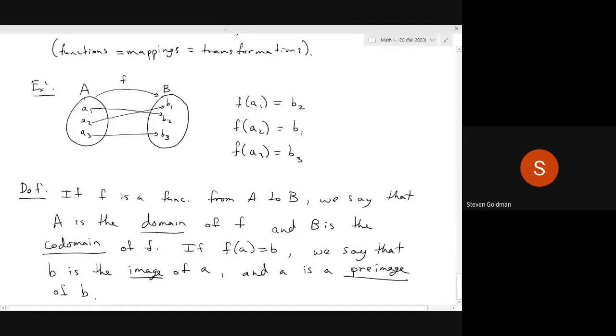So A is the pre-image, and B is the image.